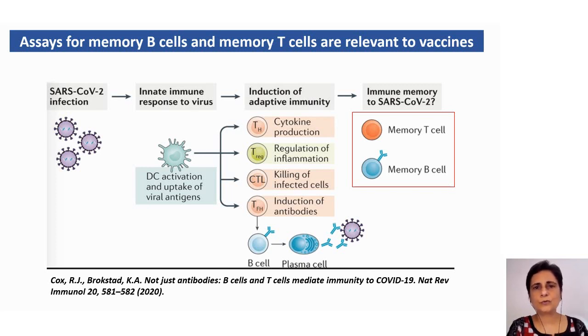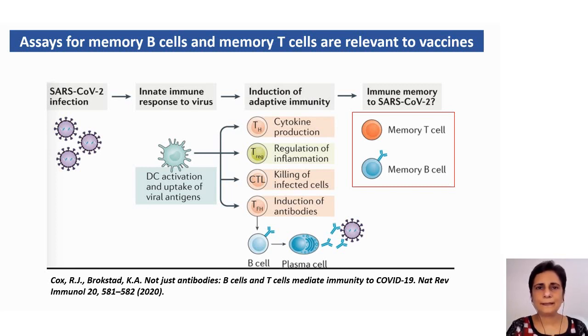In addition to the acute antibody response, there is a memory made by memory B cells, and assays for memory B cells and for memory T cells are very relevant to vaccine development and use, because it is through these assays we will learn for how long these vaccines will continue to work to provide protection, and whether or not boosters are going to be required.